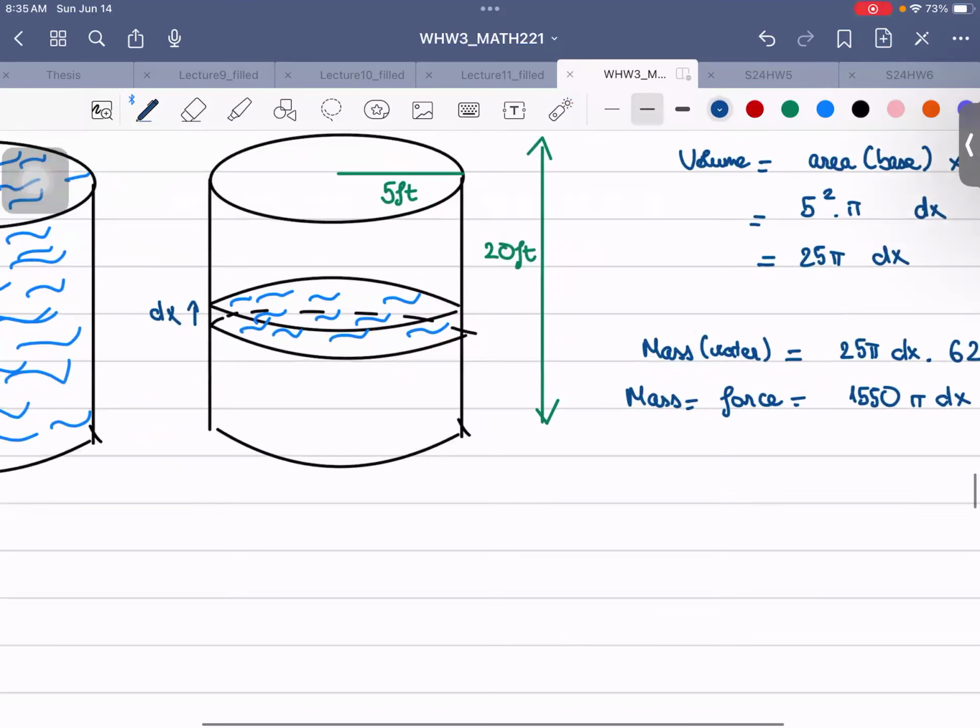Let me assume that this layer is at position xi.